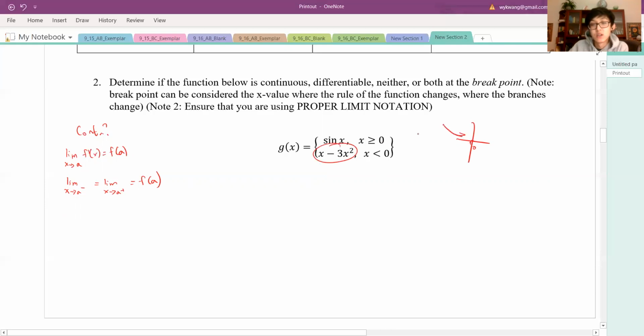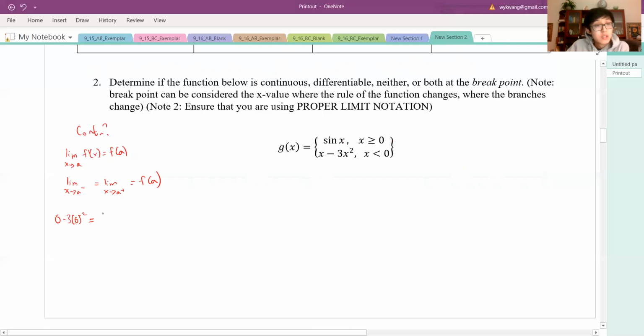So it's actually this function that we're plugging into this first one. So the limit as x approaches a from the left is actually 0 minus 3 times 0 squared, which is equal to the limit as x approaches a from the right. From the right, we're looking at this domain, as x is greater than 0. 0 is here, x is greater than 0, so it's all this range. We're approaching from the right. So we're going to be using sine of x.